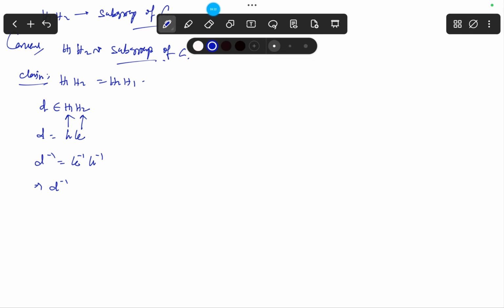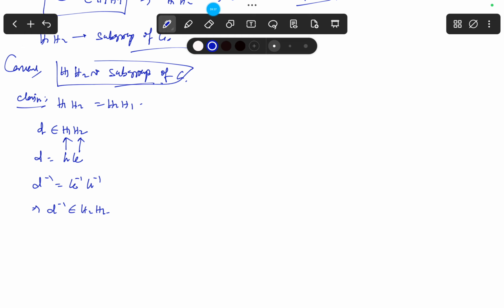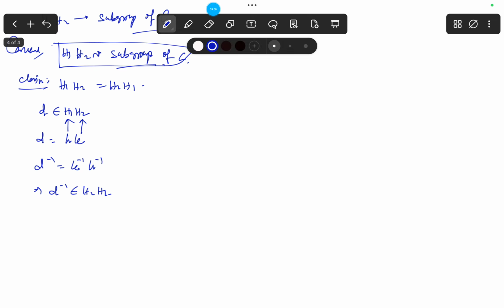So this means that D inverse belongs to H2 times H1. Now note that we have assumed that H1 H2 is a subgroup, right? And we have D is an element of H1 H2.